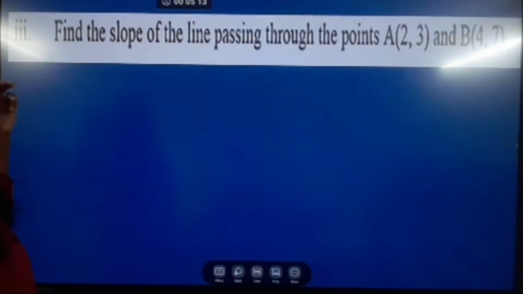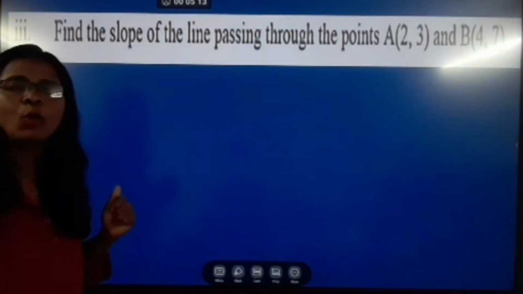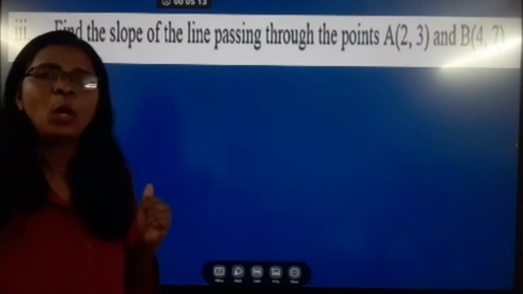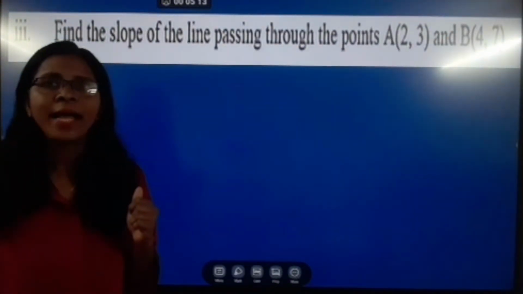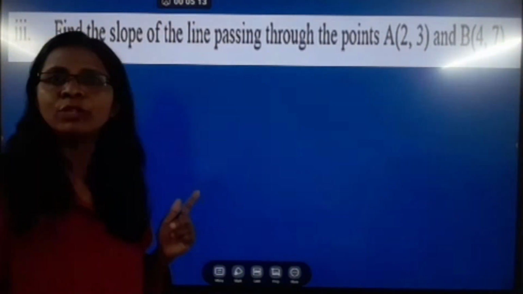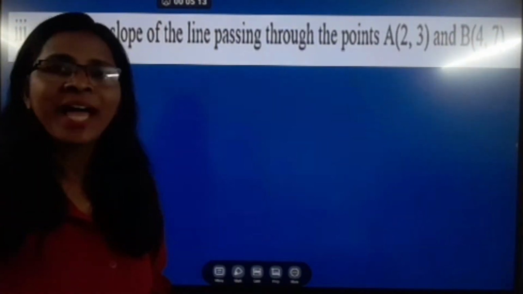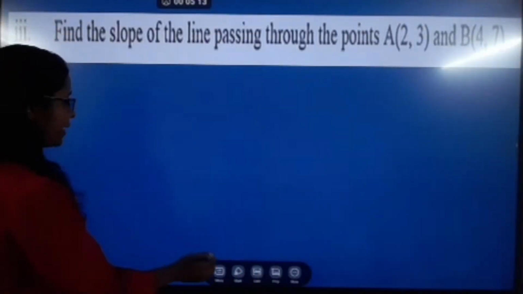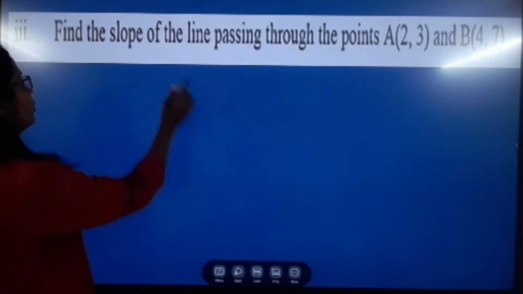The third example is: find the slope of the line passing through the points A (2, 3) and B (4, 7). Two points are given.